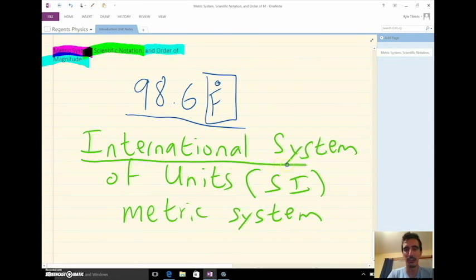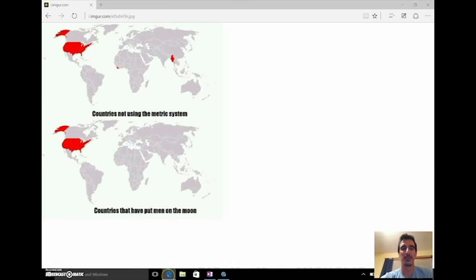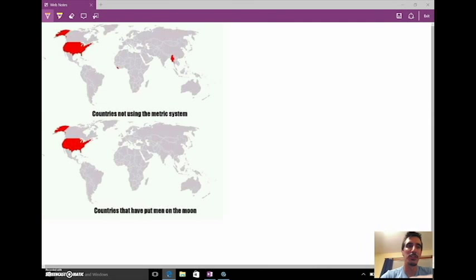Now, it says international. That means every single country in the entire world uses these units. Well, let's see if that's true. So here we've got a map, and it shows us all the countries that use the International System of Units. Well, let's look at the ones that don't.